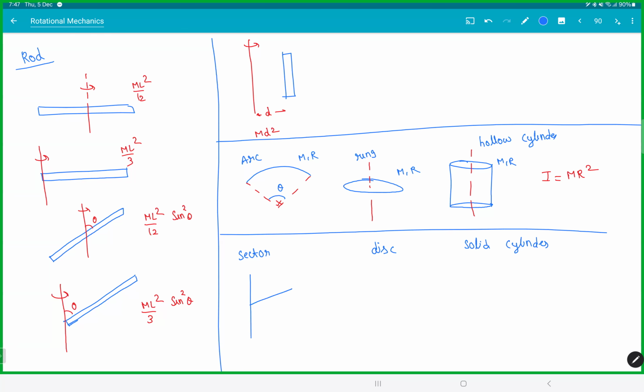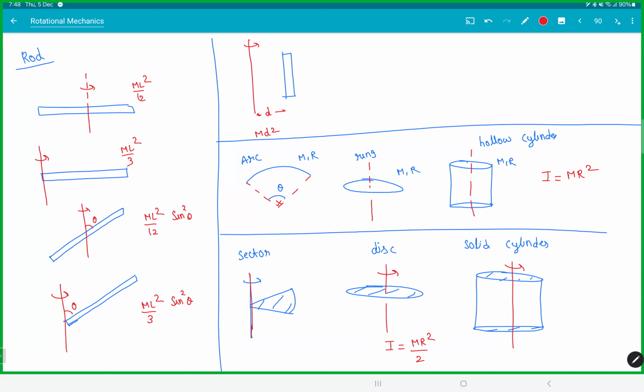So the side view will look like this. Pizza slice. I is mr square by 2.